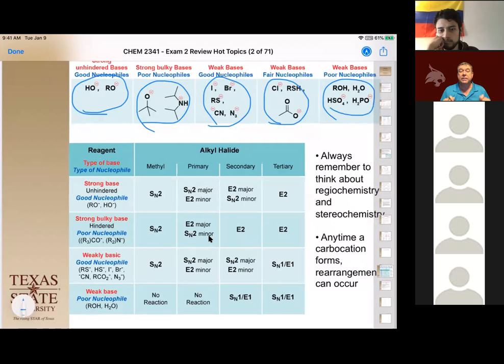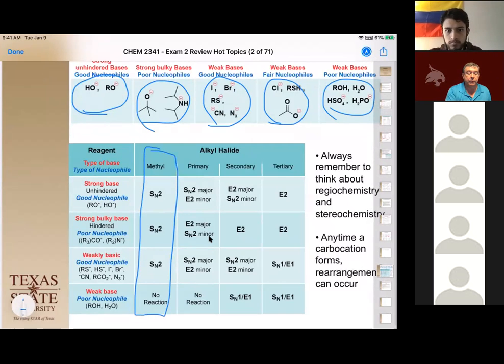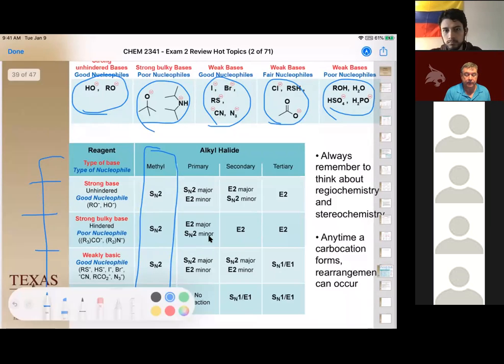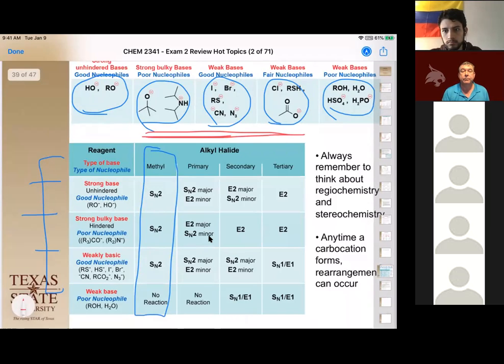Because those will help tell you which ones you're going to look for. And then of course that leads to this right here. This gives you nucleophilic strength and base strength. This side here is talking about your substrate.